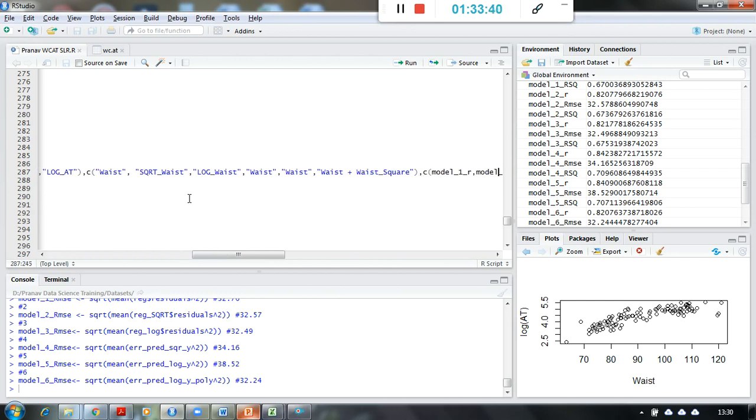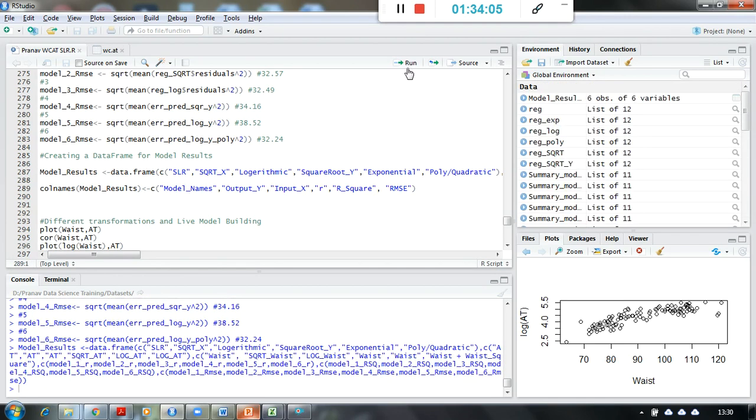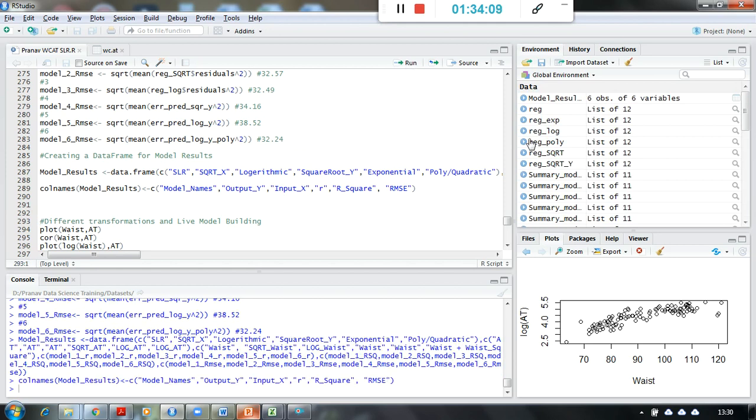Then there is the small r value, then the r square value, and then the RMSE value for all the models. So I am executing this line of code now, and giving the column names to it.